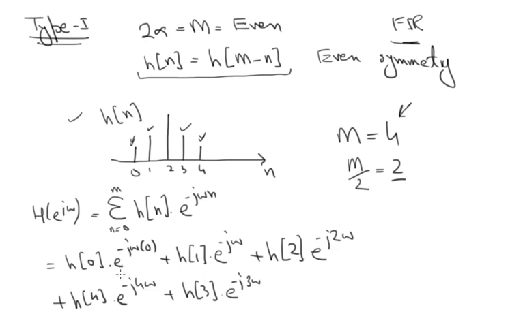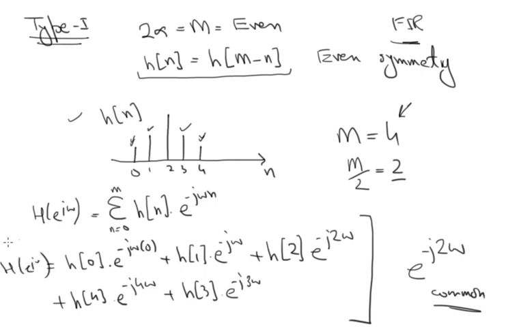So from this expression, if you take e raised to power minus j 2 omega common, you will have e raised to power minus j 2 omega.